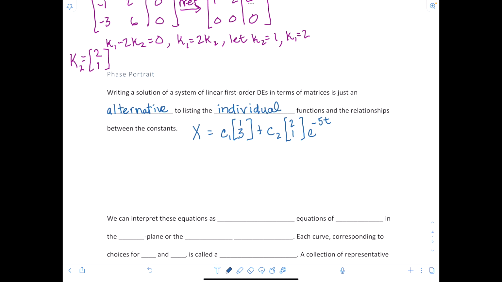So this would translate to x at t is equal to c1 plus 2c2 times e to the negative 5t. And then we'd also have y at t would be 3c1 plus c2 e to the negative 5t.